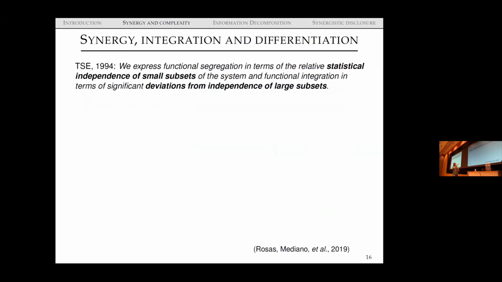Now, if you read the abstract of this Tononi, Sporns, Edelman paper, they say: we express functional segregation in terms of the relative statistical independence of small subsets of the system, and functional integration in terms of significant deviations from independence of large subsets. If you come from this point of view of synergy and redundancy, it's really hard to read this and not think immediately of synergy. So one thing we can do is compare their original measure of complexity with this O information of ours.